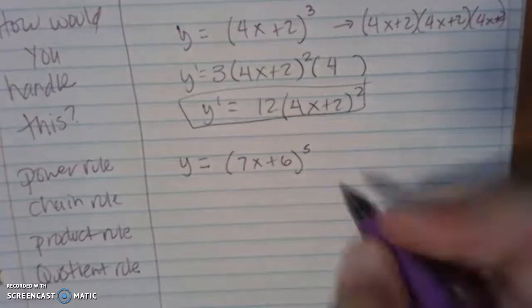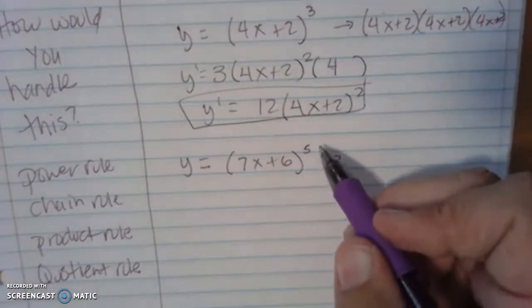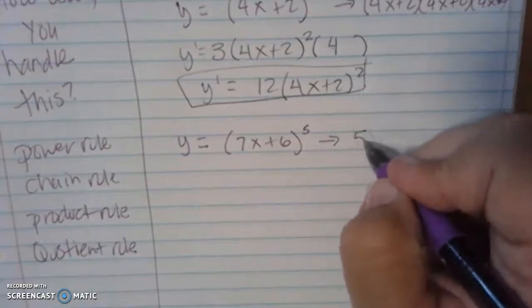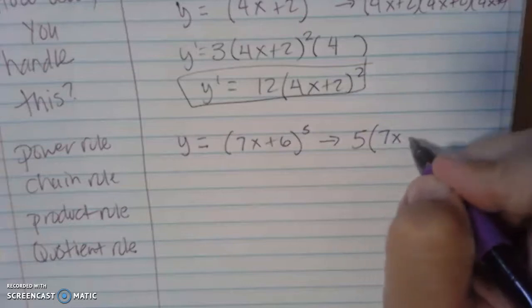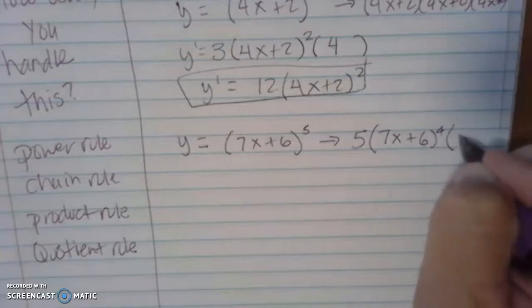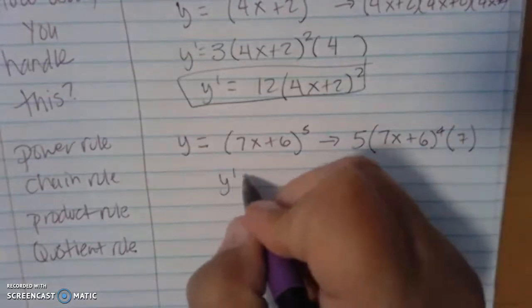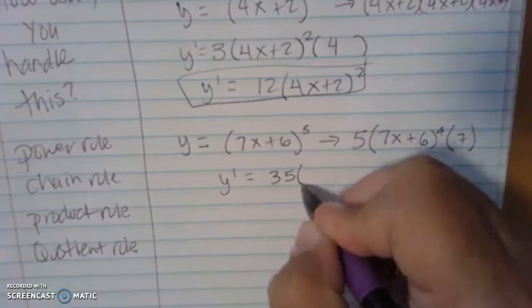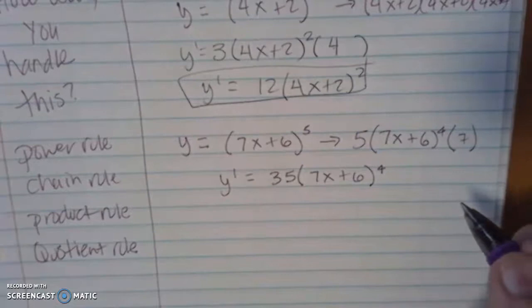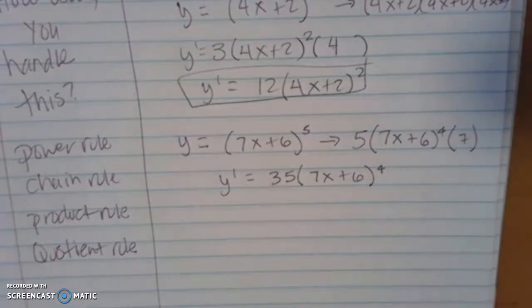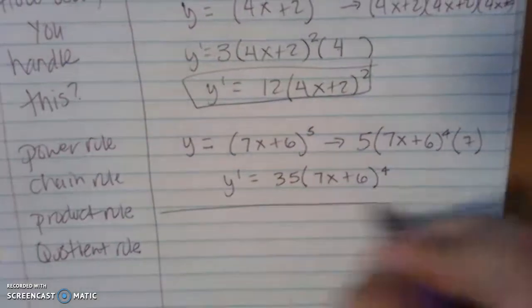Again, you can see it's not going to be fun to expand that out 5 times, but we could do the power rule and the chain rule. 7x plus 6 to the power of 4 times 7, and that means my y prime equals 35 times 7x plus 6 all to the 4th power. Pretty easy.